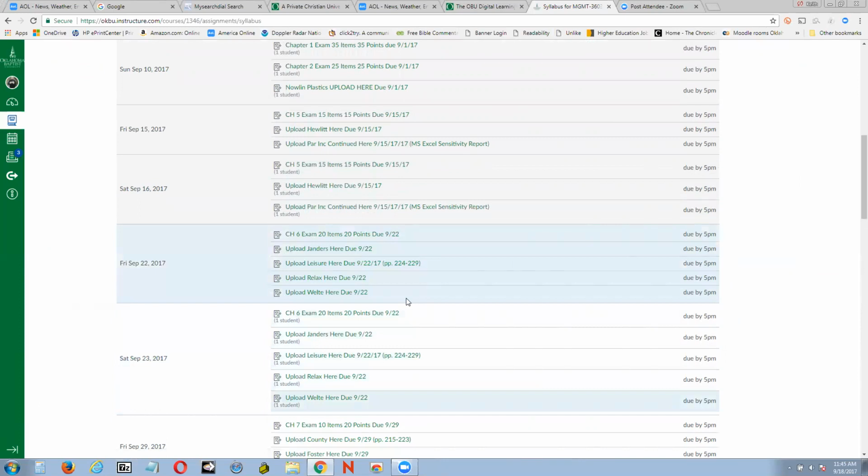But what I do encourage you, depending upon your major, is this: if you're a management major, in my opinion, you really ought to dig into all of them, but certainly dig into the ones that fit, like wealthy. If you're a marketing major, you ought to be taking a look at that fit within your particular discipline.